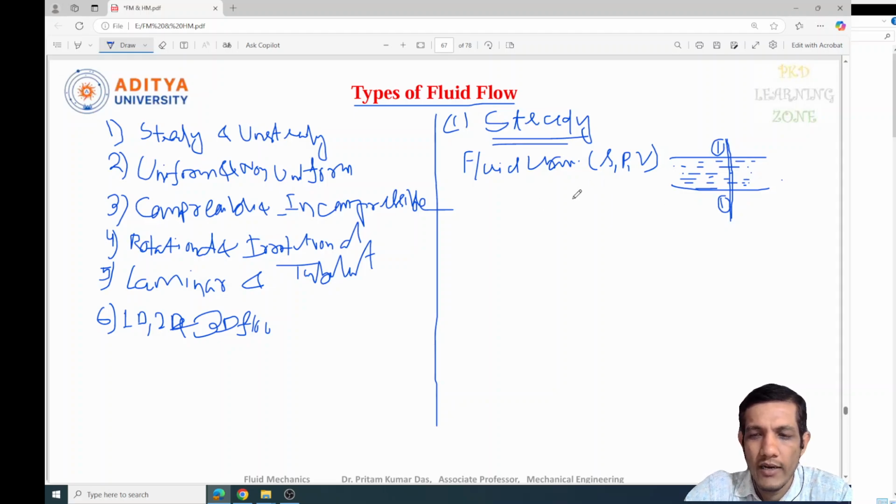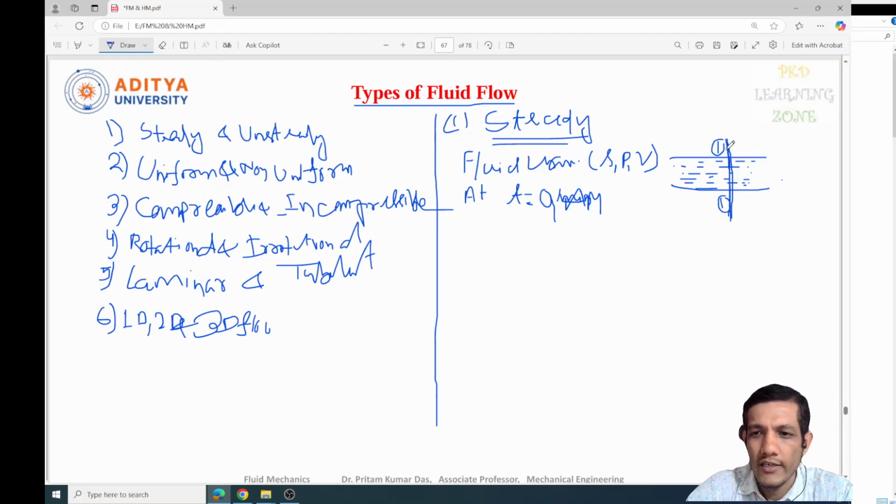Let's suppose the time is now 9 am, t equal to 0. At 9 am, let's measure the density, the pressure and the velocity of the fluid.